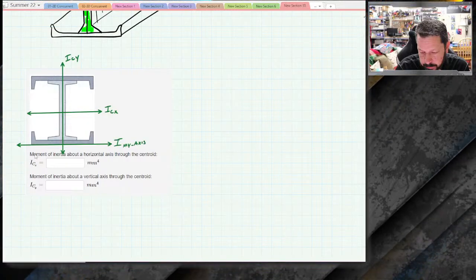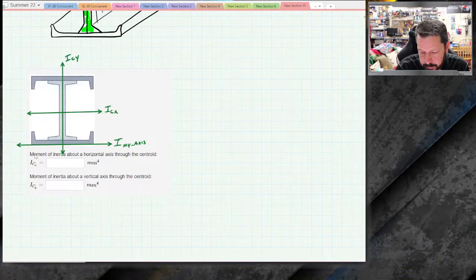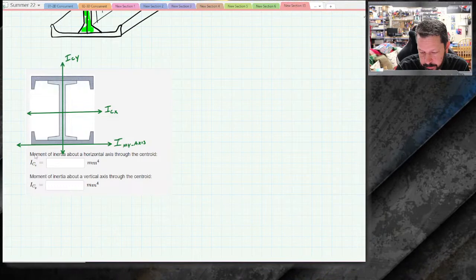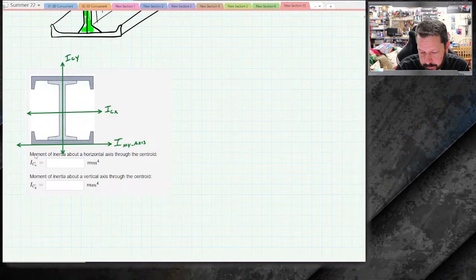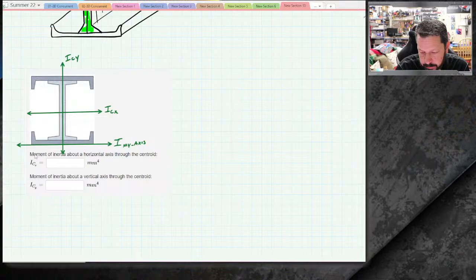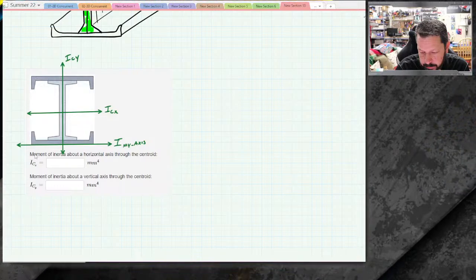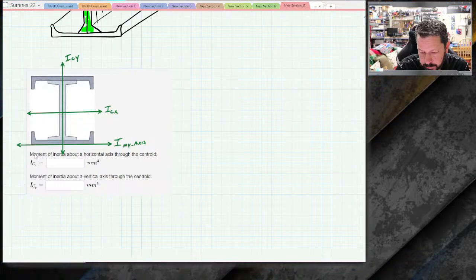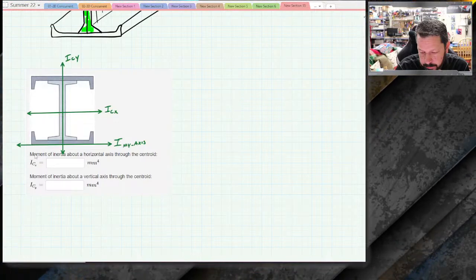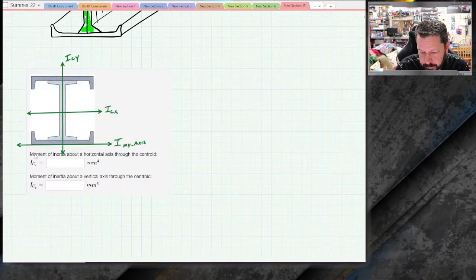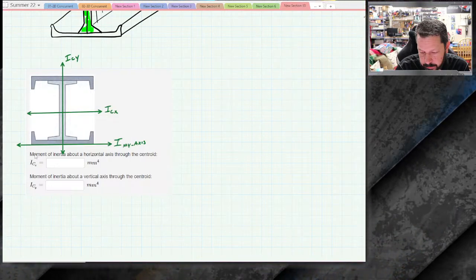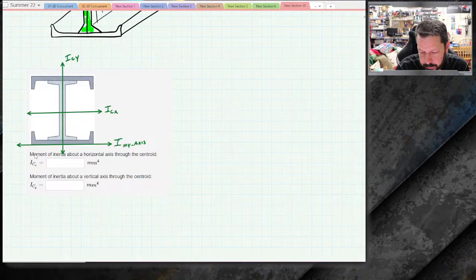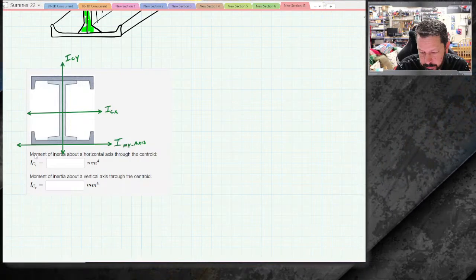It's not the one that you would put into the flexural stress equation, but just as an academic problem, I can pick any axis out there and tell you to calculate the moment of inertia about that axis. You just basically treat it like you do the neutral axis. It's just an academic test. It's a valid moment of inertia, it's just not for flexural stress.